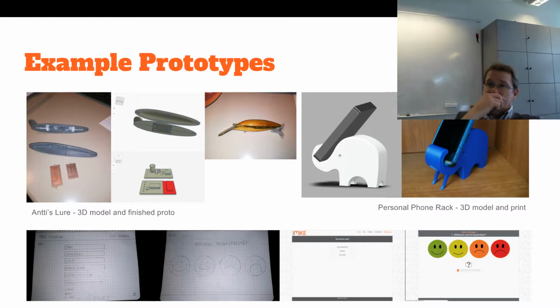Anyhow, basically I need to do at least 2 or 3 iterations whenever I have time to do it. It follows about the same idea as that model of an elephant holding a mobile phone. I could say from the beginning that it wouldn't work because the center of gravity is way too much in the front of that elephant.